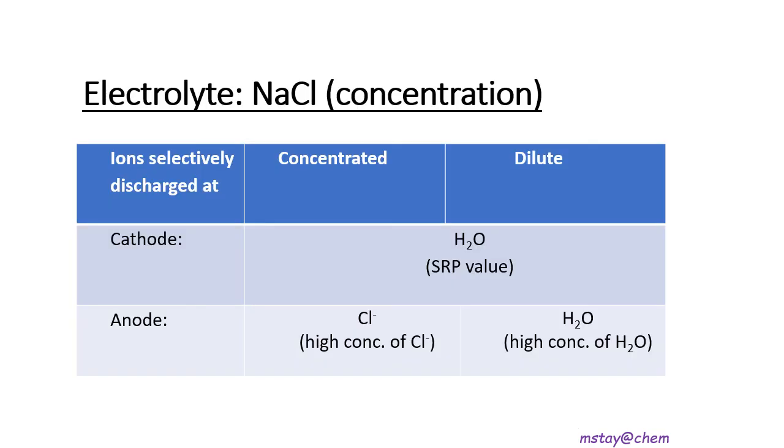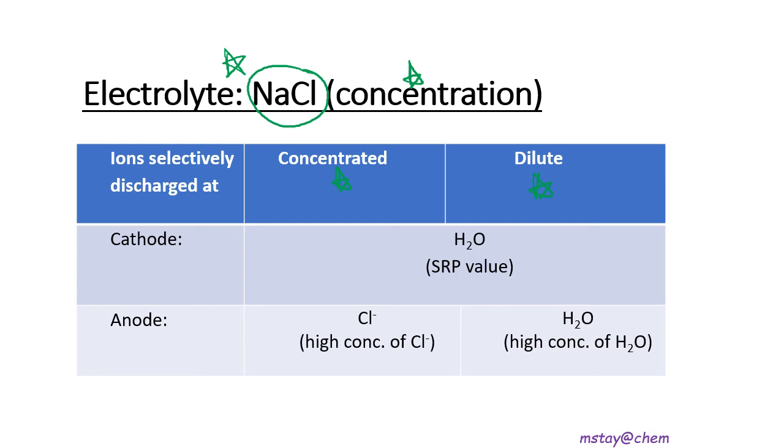Okay, before we end this video, let's have a simple and quick summary. So basically, in this video, we focus on the factor of concentration. Both examples that we discussed use a similar electrolyte, which is NaCl. The difference is only the concentration. One is concentrated NaCl, and the other one is dilute NaCl.